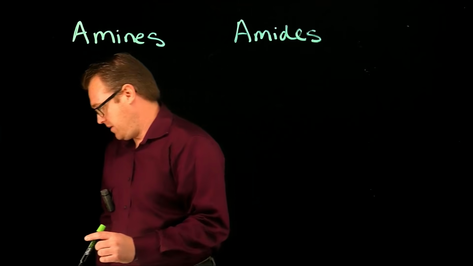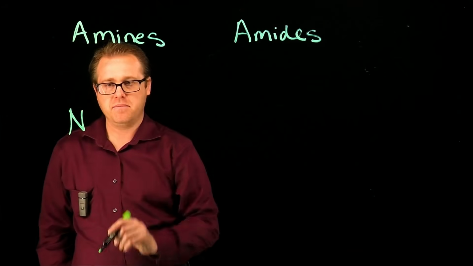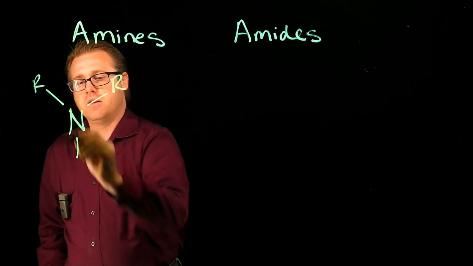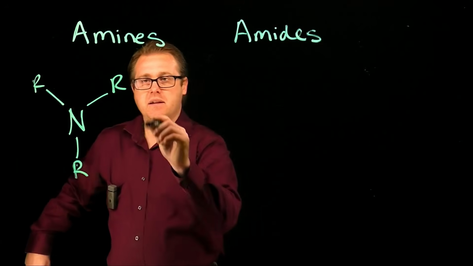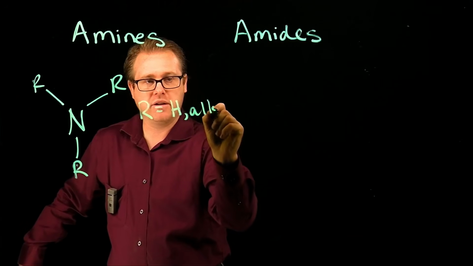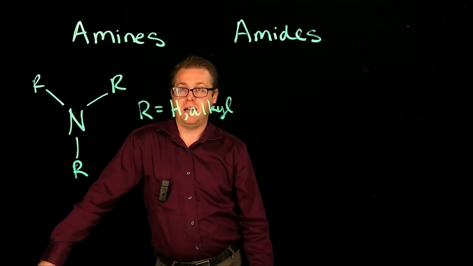But an amine is simply where you have a nitrogen atom connected to R groups. And these R groups right here can be hydrogens or alkyl groups. And that is an amine.